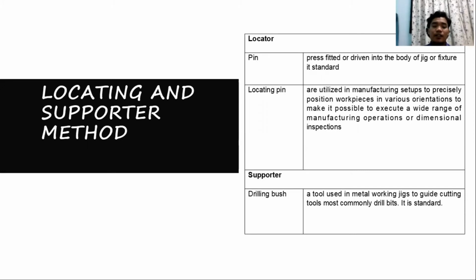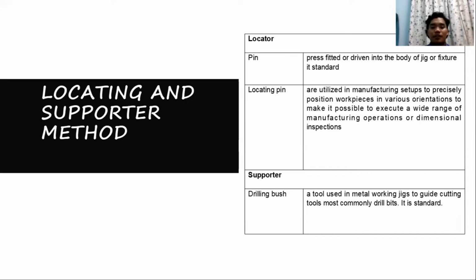Next, the locating and supporter method. For locators, we had the pin method: a pin and a locating pin. A pin functions to be press fitted or driven into the body of a jig or fixture, and is standard.